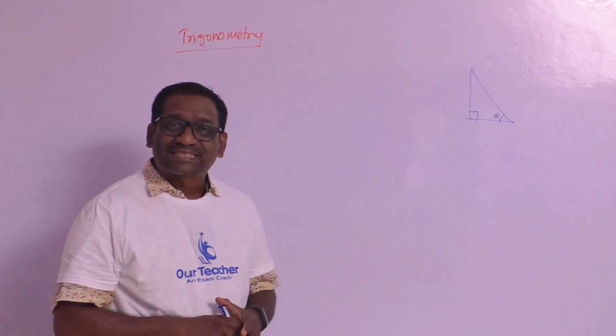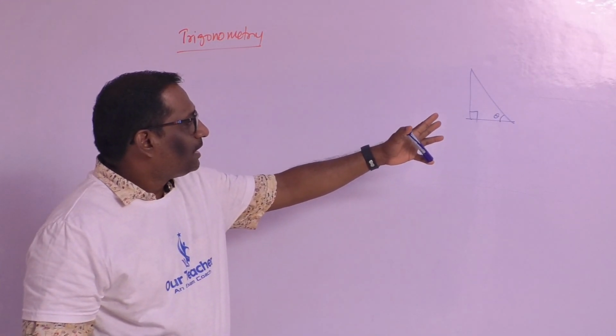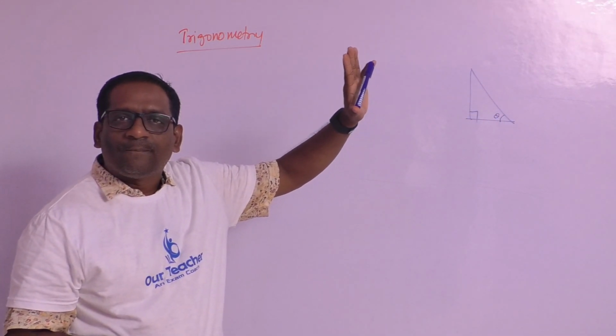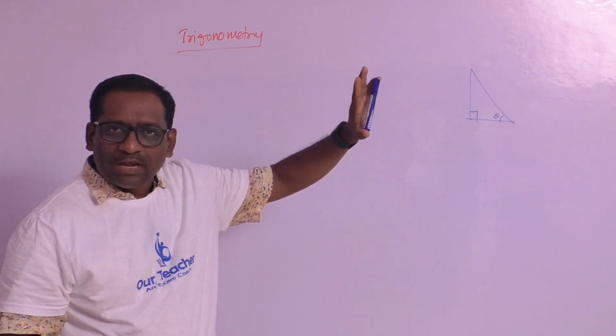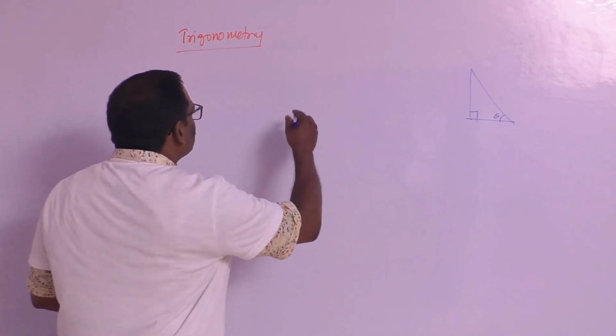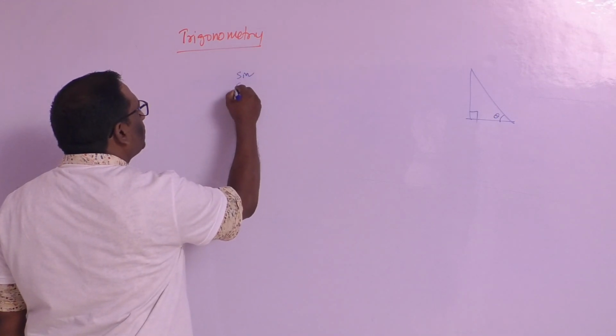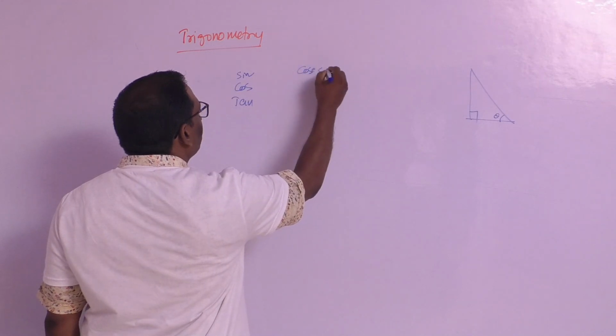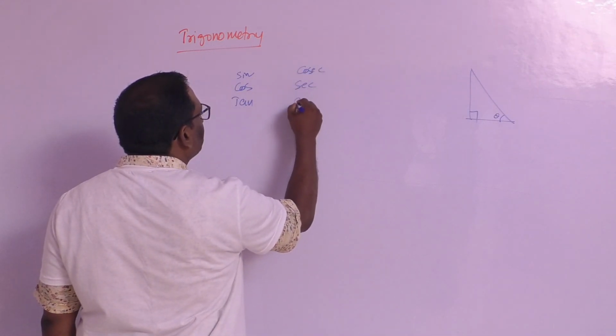For an acute angle of a particular triangle, we discuss six trigonometric values. In this topic we will discuss six values. The first one is sine, the second is cos, the third is tan, the fourth is cosecant, the fifth is secant, and the last is cot.